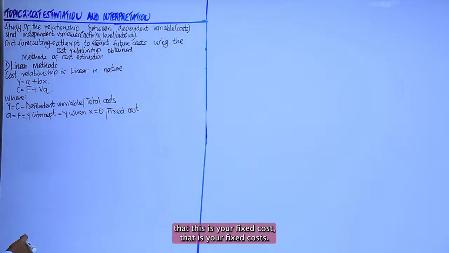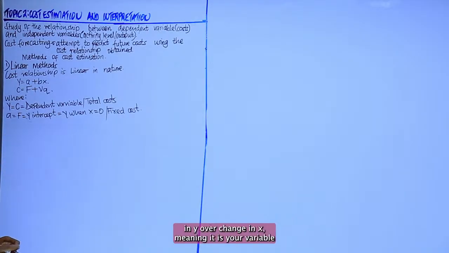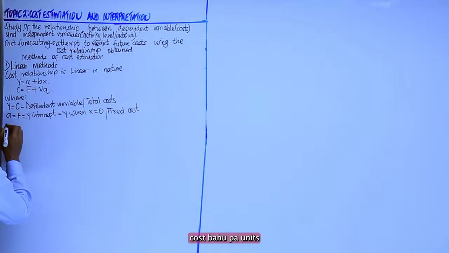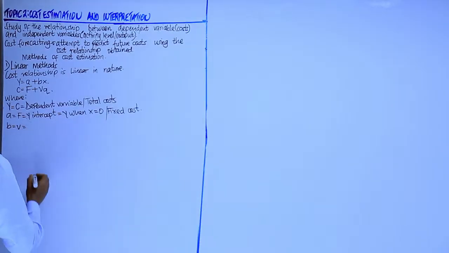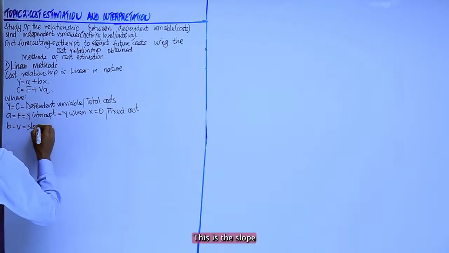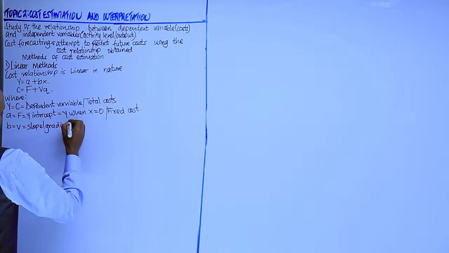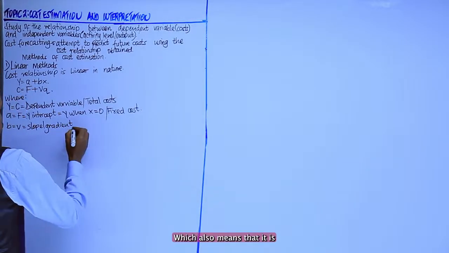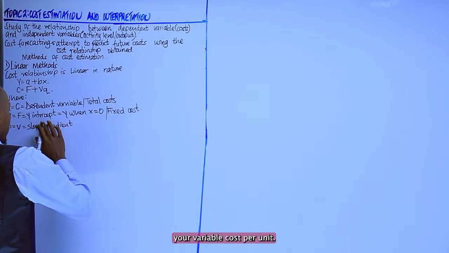Then B and V is your gradient or your slope, which is your change in y over change in x, meaning it is your variable cost per unit. B, which is V, is your slope or gradient.